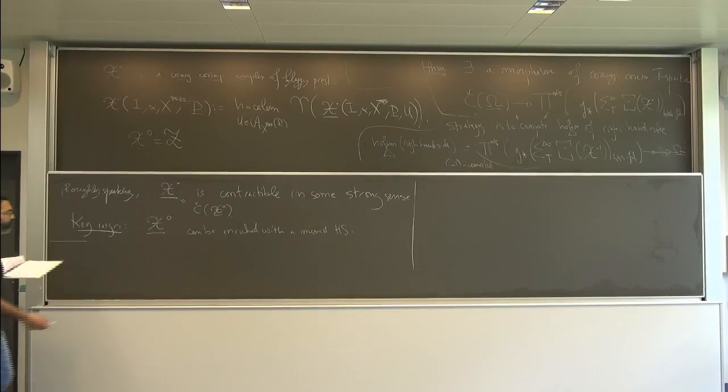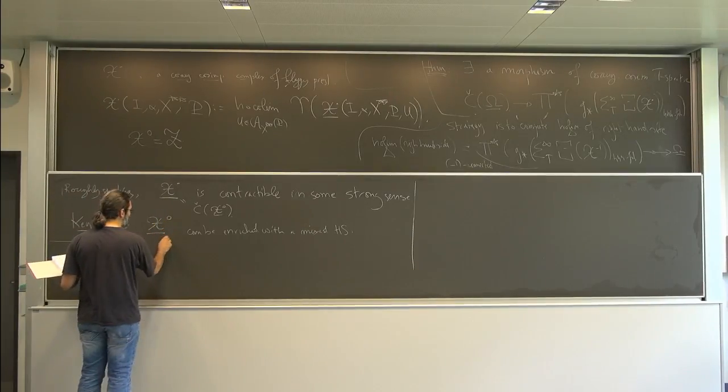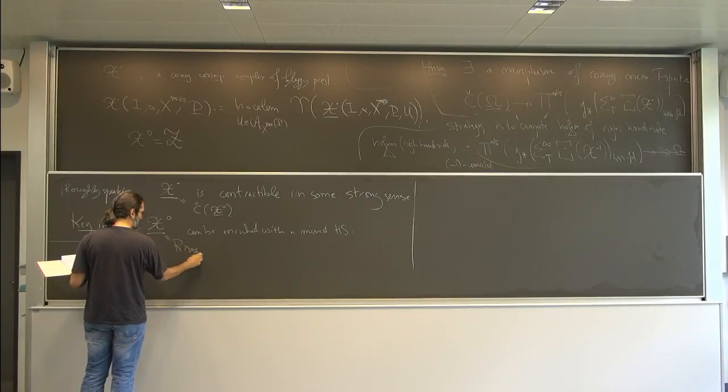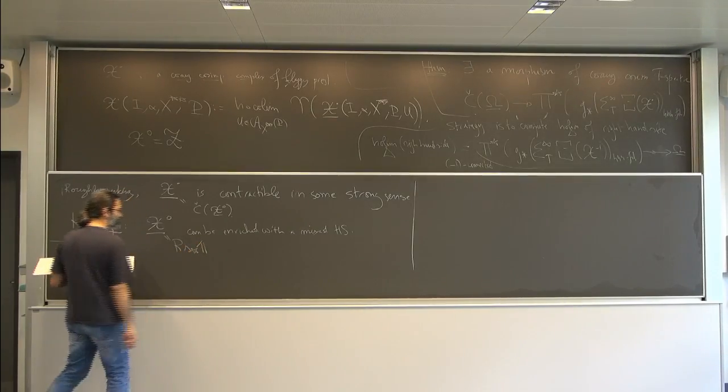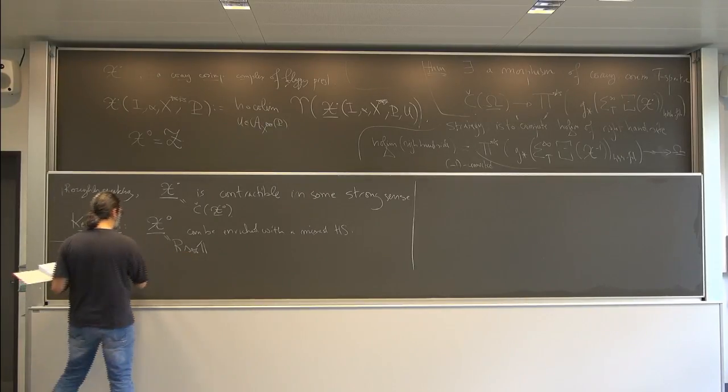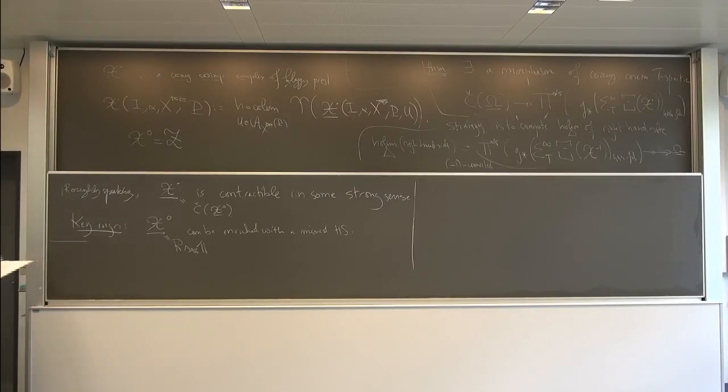Basically this guy is given by a direct image functor, and we know that direct images have mixed Hodge structure. So this is basically the idea. But I want to do this somehow more precisely.